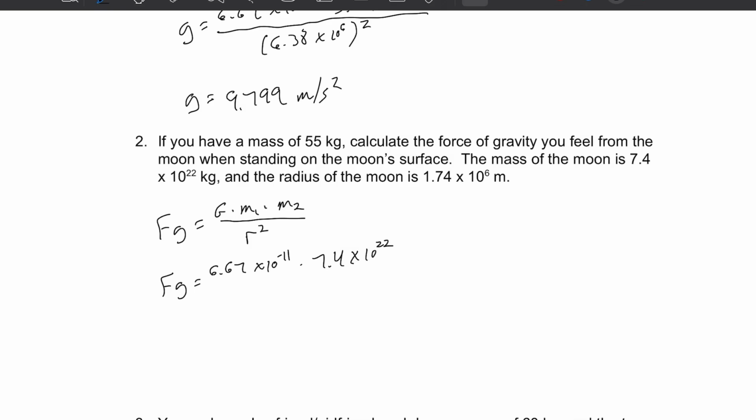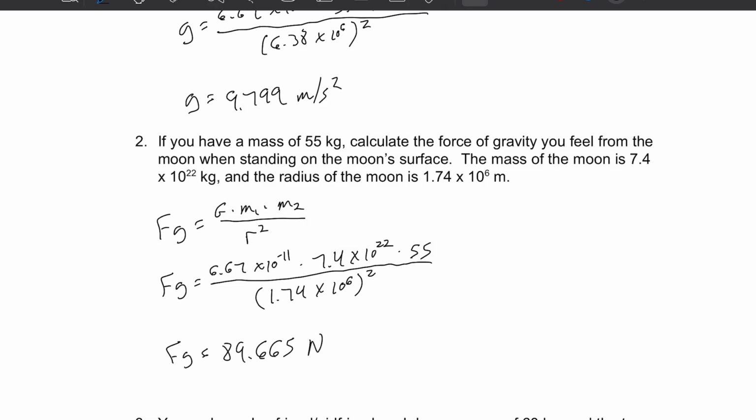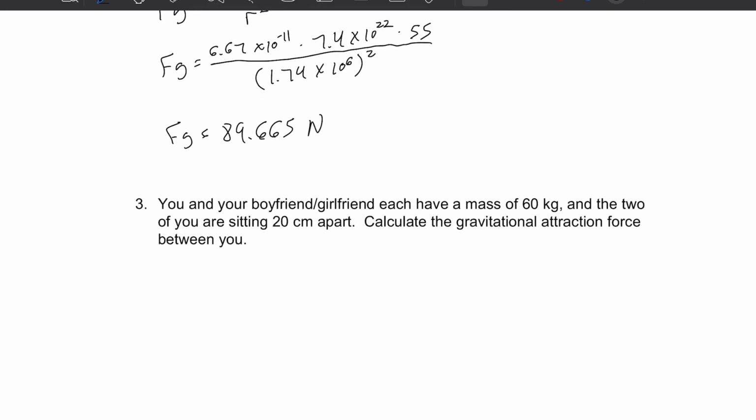It's a good habit to be in, so when we get into circular motion and factor out the smaller mass, it'll be the one on the end. So the larger mass, 7.4 times 10 to the 22nd power, times the smaller mass, 55 kilograms, and then divide by the radius squared, 1.74 times 10 to the 6, squared. When I calculated this, I got a force of gravity of 89.665 newtons, because forces are still in newtons.